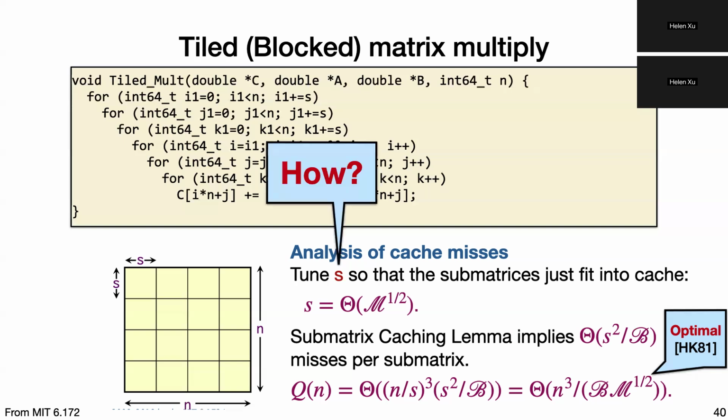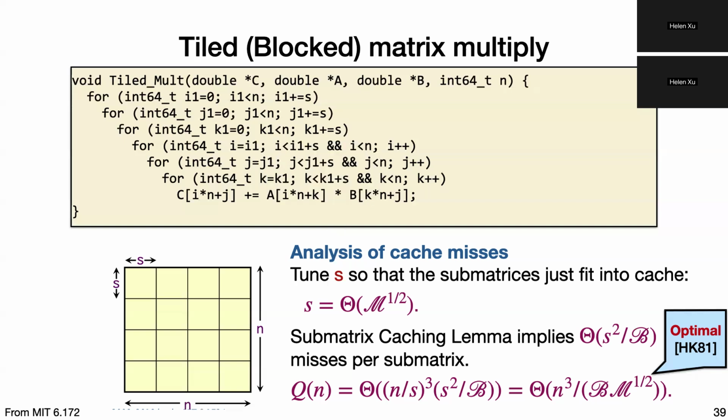Oh, yeah, good question. So if we just look at the outer 3 loops, that's (n/s)^3 iterations. Sorry, really good point.